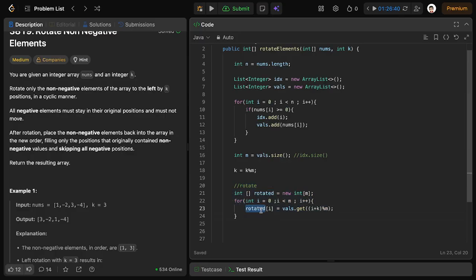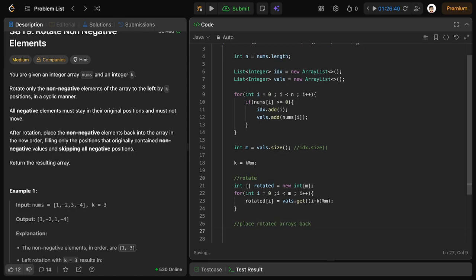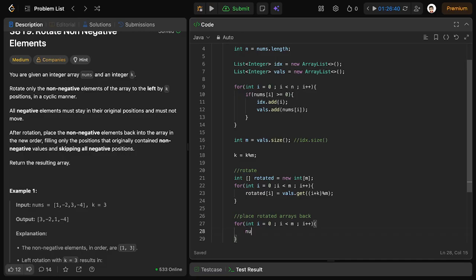Now place the rotated array back: for i equal to 0, i less than m, i plus plus, idx.get(i) is equal to rotated at i.